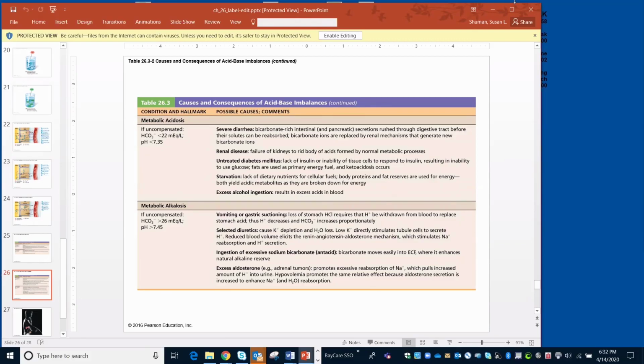Okay, so let's break it down again. 7.35 is in the normal range, but it's at the bottom of the normal range. So it's on the acid side of normal, correct? Everybody agreed with that? Carbon dioxide, we all agreed it was up, and we know that does what to pH again? It makes it lower. Bicarb, if it's at 27, that's high, right? Not very high, but it's high.